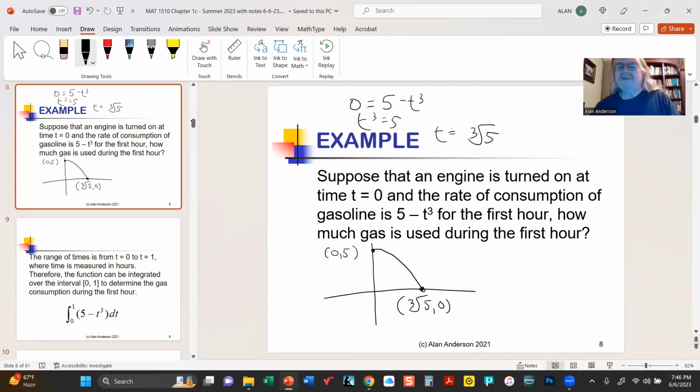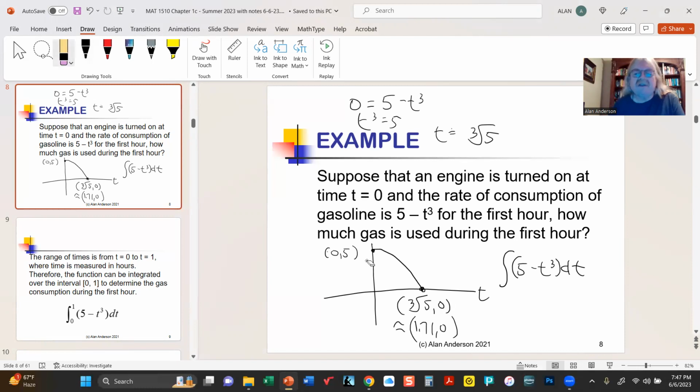The cube root of 5 is approximately equal to, let's go to our calculator and find out, about 1.71. Okay, so what we're going to basically do is integrate this function over the time. This is t actually. Yes, it's the horizontal axis, but in this case, we're thinking of it as time from 0 to 1.